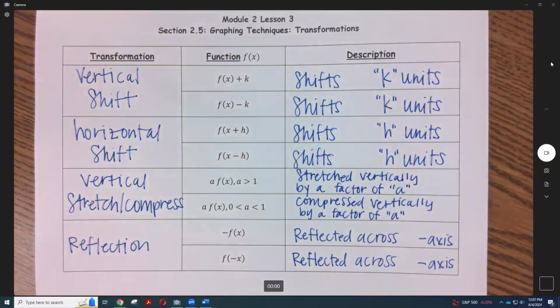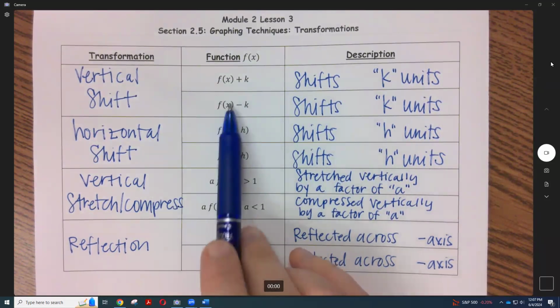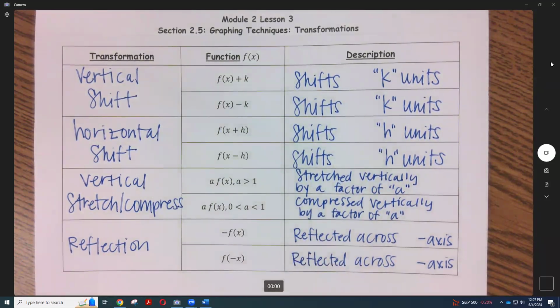Okay. So, first, vertical shifts. If I have a function, and this can be any function, right? We went over 9 different functions last lesson with the key graph. So this is your absolute values, your square root, your cubic root, your x squared, your x cubed, technically your reciprocal function, and all of your linear ones.